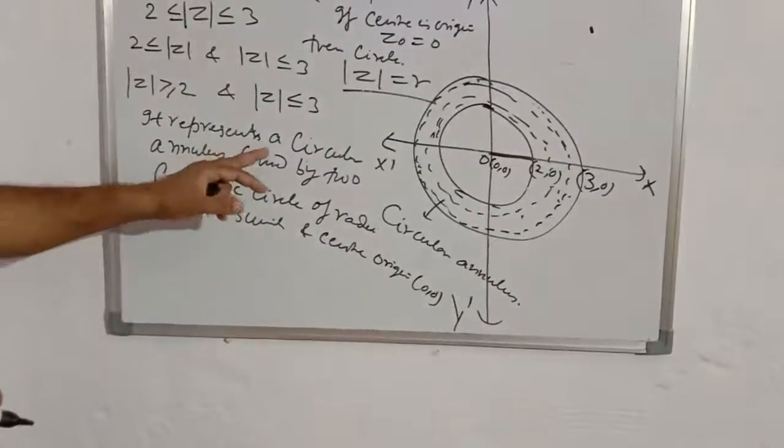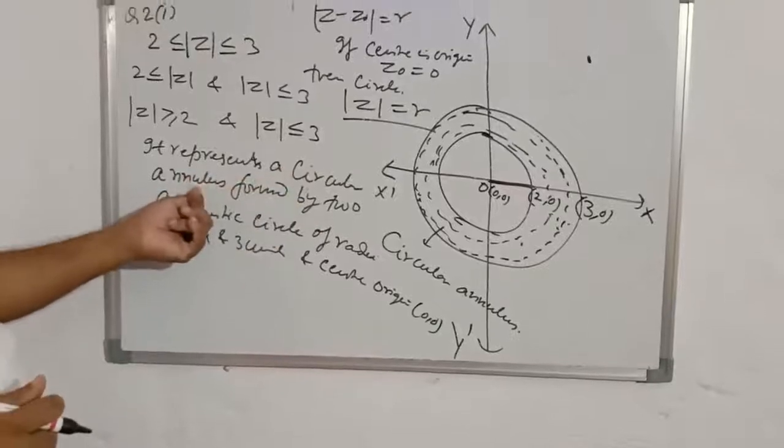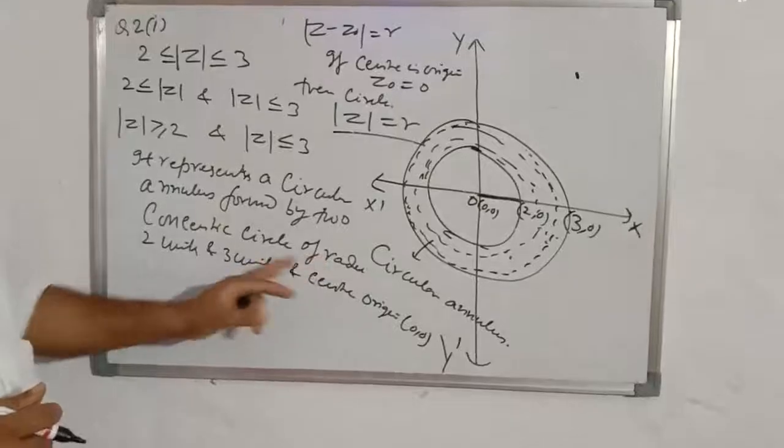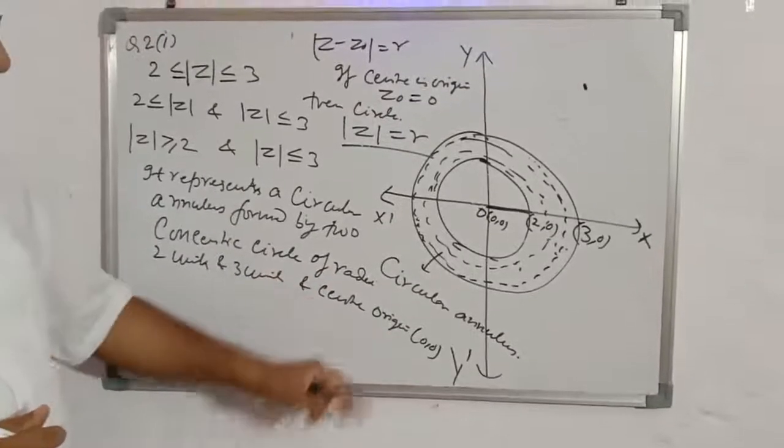It represents a circular annulus formed by two concentric circles of radii 2 unit and 3 unit and center origin.